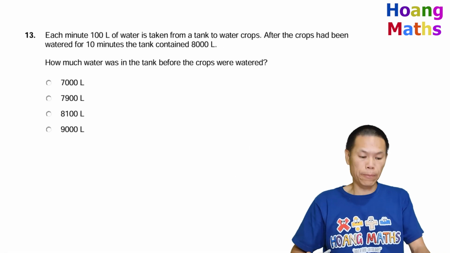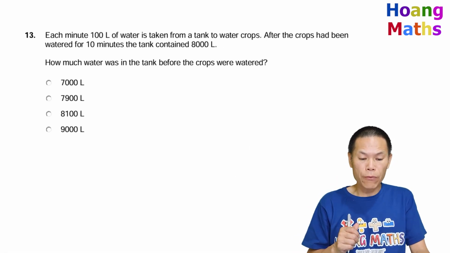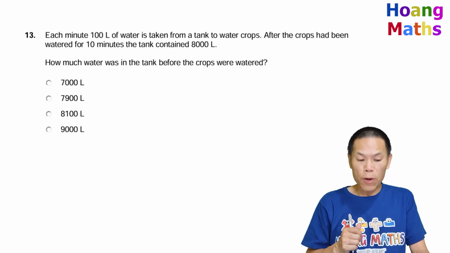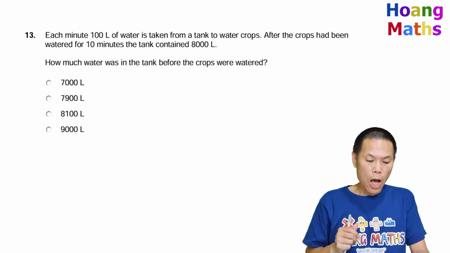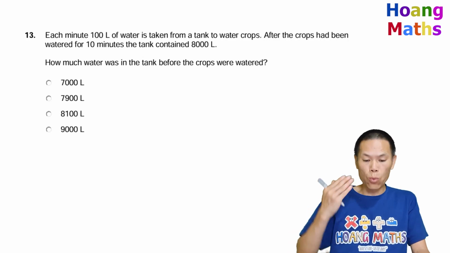Question number 13. Each minute, 100 liters of water is taken from a tank to water crops. After the crops have been watered for 10 minutes, the tank contained 8,000 liters. How much water was in the tank before the crops were watered?